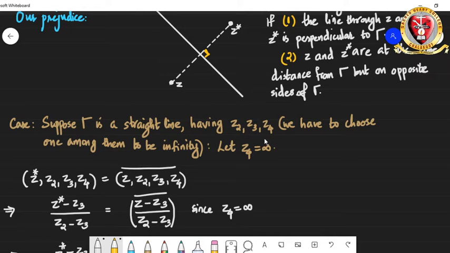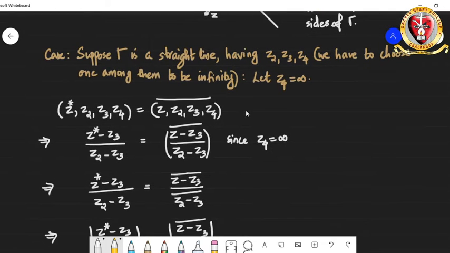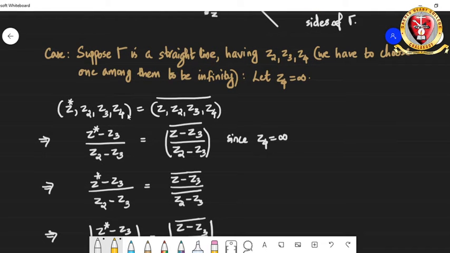So suppose, let Z4 be the point at infinity, and we are treating Z and Z star to be symmetric points. That means they satisfy the equation of the cross ratio sitting here, right? And we know that Z4 is infinity.